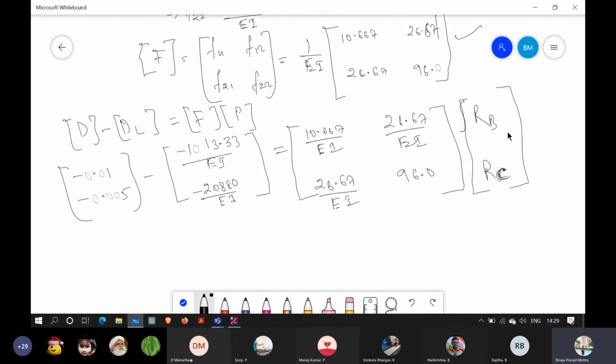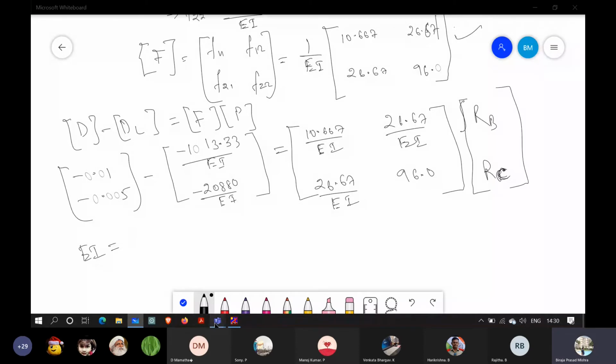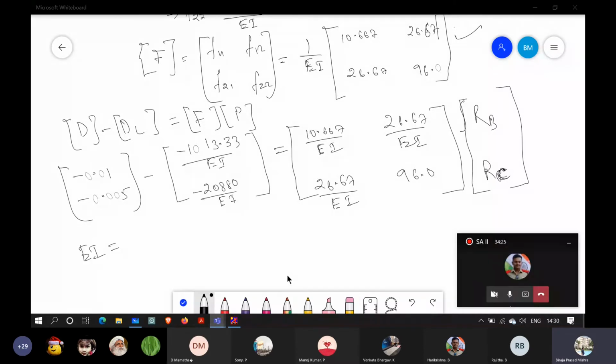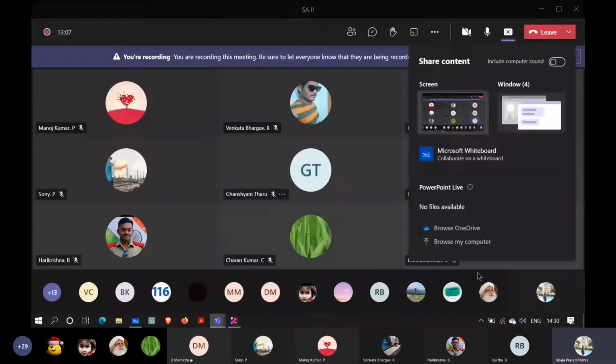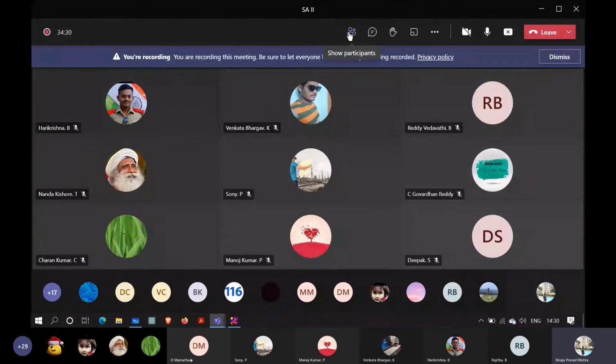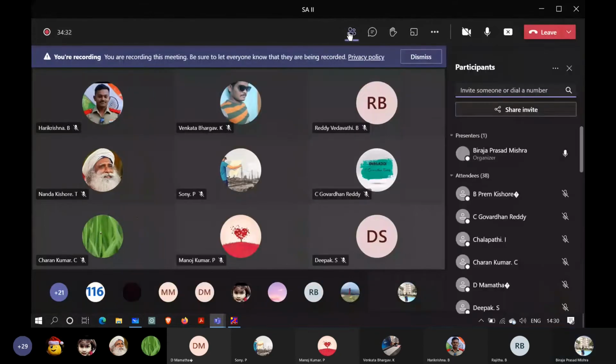Okay, before solving, what is the value of EI? It is given in the question. Prem Kishore, what is the value of EI given in the question?